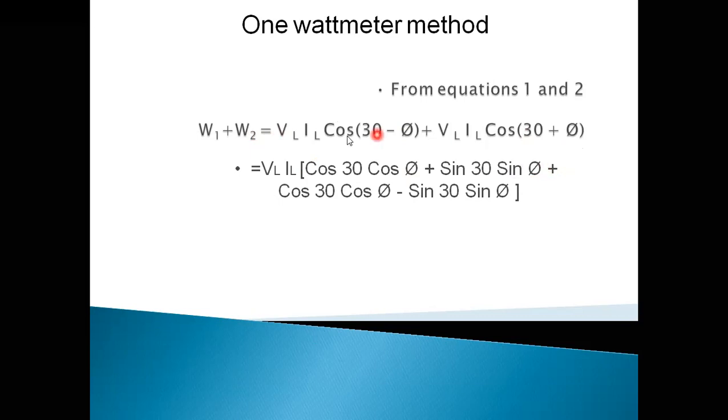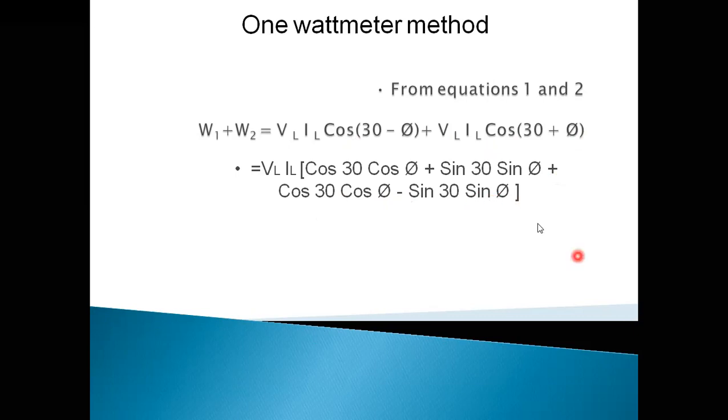We have VL IL common in both the terms, so let us take it outside. We place the square bracket here. This whole term is the expansion of cos 30 minus 5. And let us expand cos 30 plus 5 here. Since we are adding, we have plus here. So it's cos 30 cos 5 minus sin 30 sin 5.